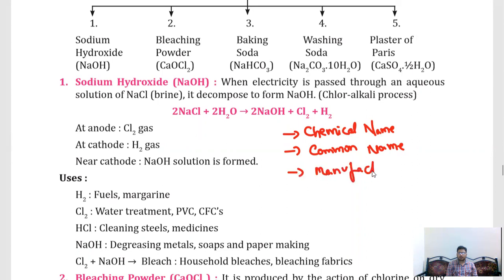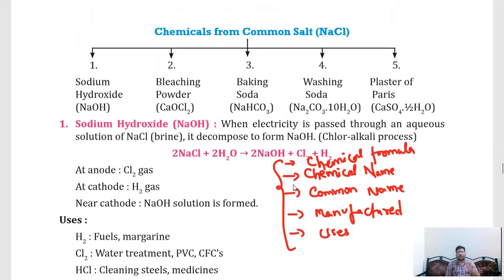That is important. At last, uses, where it is used. If you concentrate on these 5 points, whatever question they ask regarding salts, you will be in a position to attempt it. So first let us see this one. Chemical formula is NaOH.